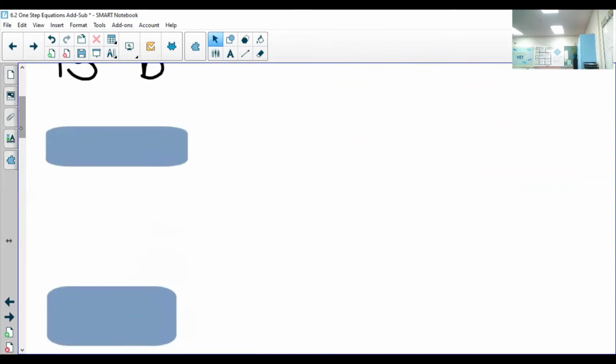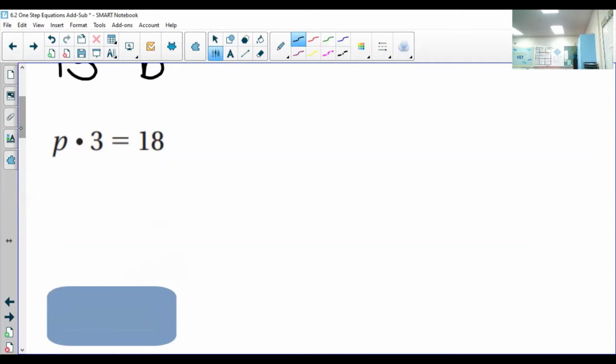Let's do another one. Here we have p times 3 equals 18. Okay, we're multiplying p times 3. So what's the opposite of this multiplication? Divide. So what am I going to divide by? I'm not going to divide by p because that's what I'm trying to figure out. What I am going to divide by is 3. So divide by 3 and divide by 3.